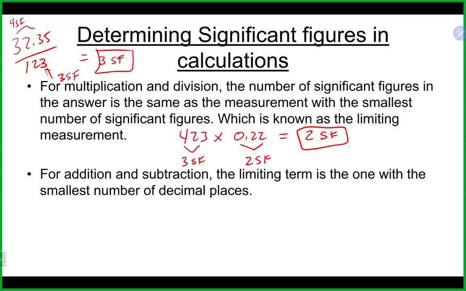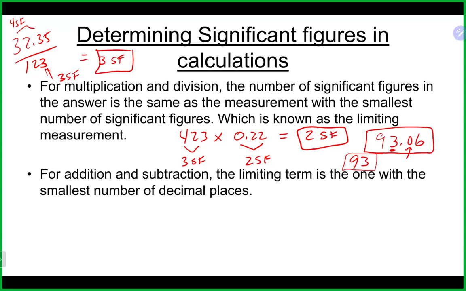So for example, if we took our first one there, 423, times 0.22, our calculator screen is going to give me 93.06. Once again, your calculator usually doesn't give you the right sig figs. Here, we would want to go to two significant figures, which is here. We would look at the 0, and 93 would be our proper answer.